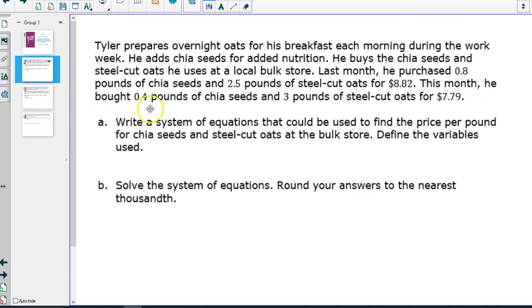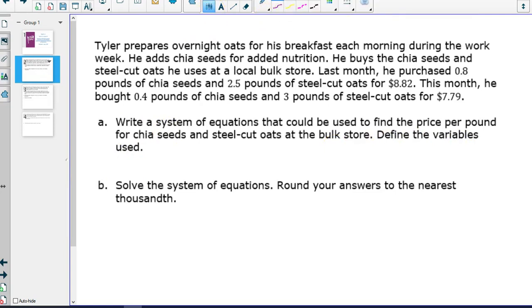This month, he bought 0.4 pounds of chia seeds and 3 pounds of steel-cut oats for $7.79. Okay. Now they want to write a system of equations that we can use to find the price per pound for chia seeds and steel-cut oats at the bulk store. And then we define the variables used.